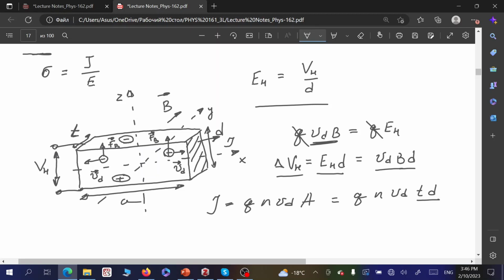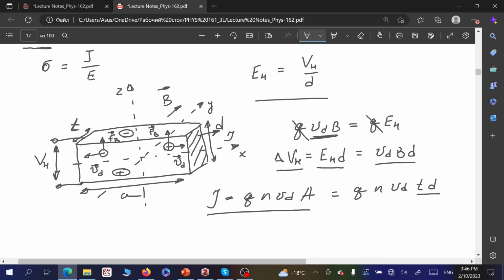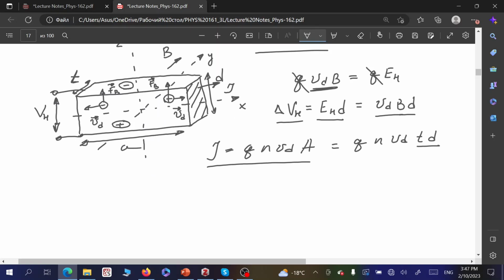So that is the area of the cross-section. From this expression of electric current, we can express V_D. And that is electric current divided by Q times N times A. Now we can substitute it here in the expression for the whole voltage.